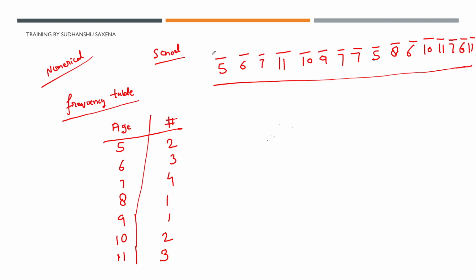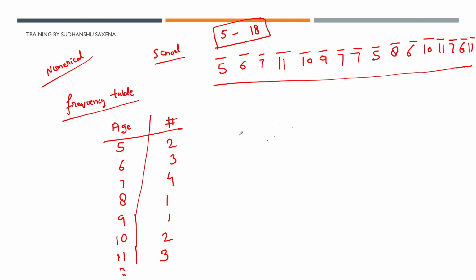Generally the kids in schools range from 5 to approximately 19, or depending upon the country, say 18 is the maximum. So most of the people lie from this age to this age, and no matter how many numbers I have over here, I can convert them into a frequency table from 5 to 12, and then 13, and then 14, and so on and so forth, and I'll have an exact idea of what my whole data is all about.